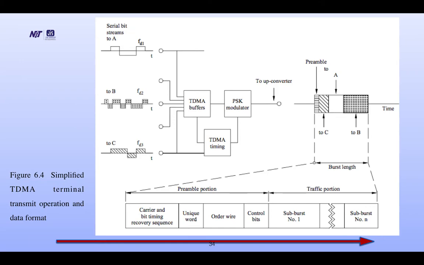So TDMA buffers are shown there, from different sources the signals come in, then the TDMA buffer, then the PSK modulator. There is a TDMA timing, which handles the timing, that is synchronization. Then it goes to an up converter, and for a TDMA total burst of signal: the carrier and bit timing recovery sequence, unique word, order wire, control bit, subburst number, with traffic information in between, then subburst number n.